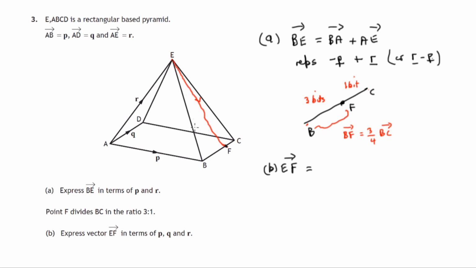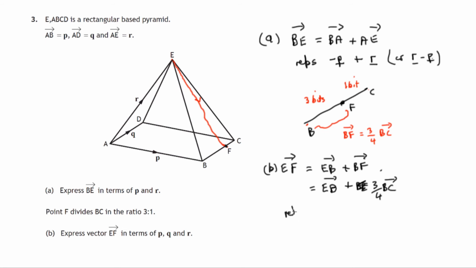If we travel from E to B, that connects up with what we've already done, and then travel from B to F. And we know from the little bit in red above this that travelling from B to F is 3/4 of the journey from B to C.